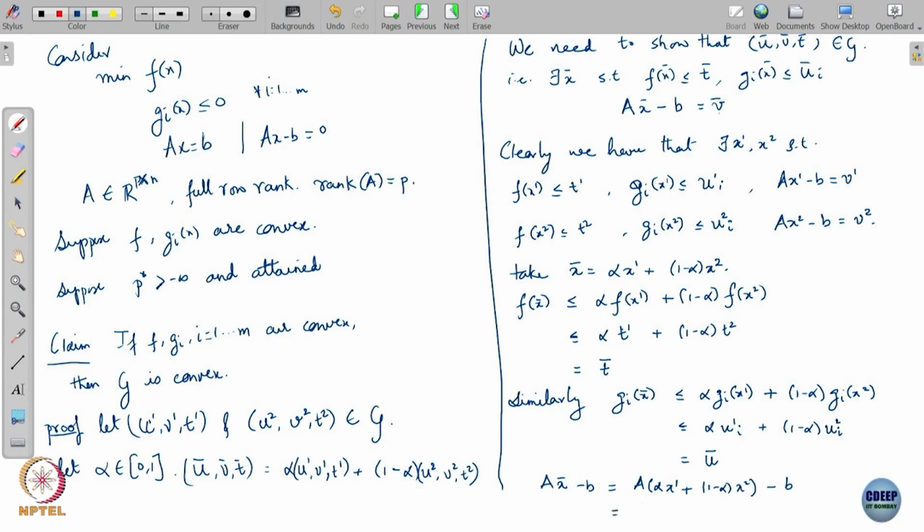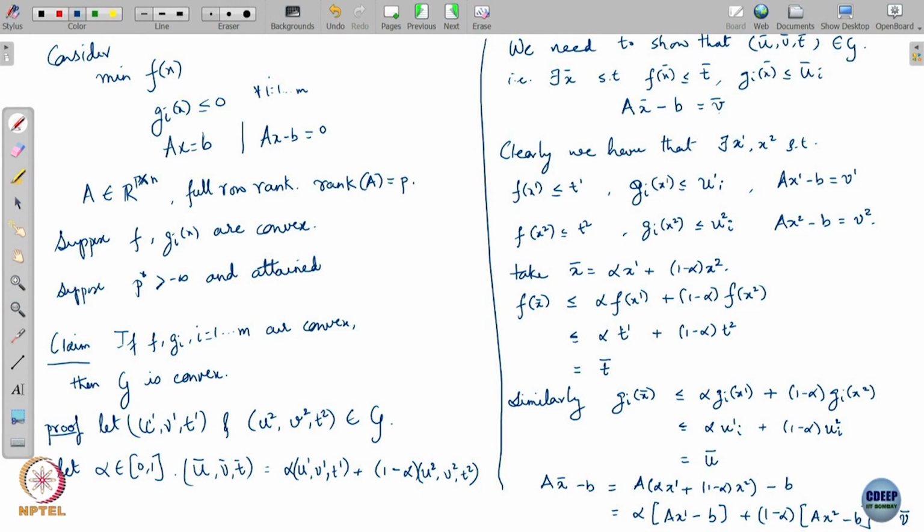Now I will split this b as alpha b plus 1 minus alpha b, and that would give me alpha times (A x1 minus b) plus 1 minus alpha times (A x2 minus b). As you can check, A x1 minus b was equal to v1, and A x2 minus b is equal to v2. So it will be alpha v1 plus 1 minus alpha v2, and that is nothing but v bar.